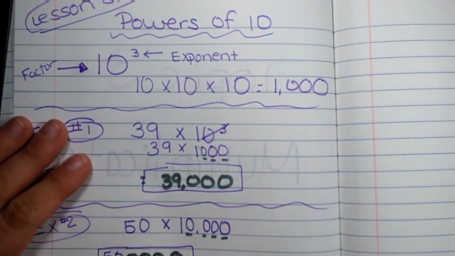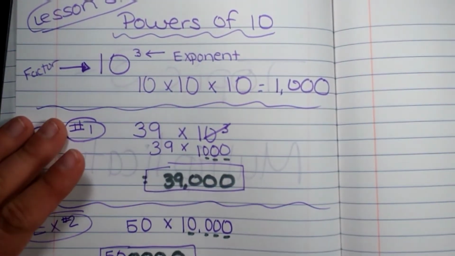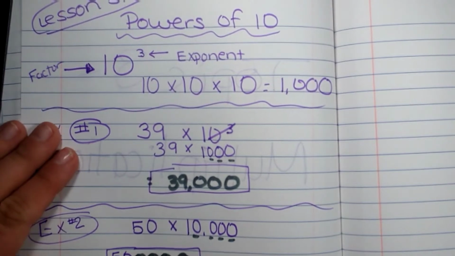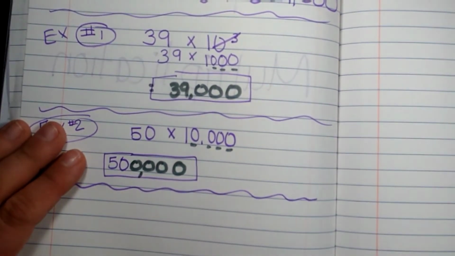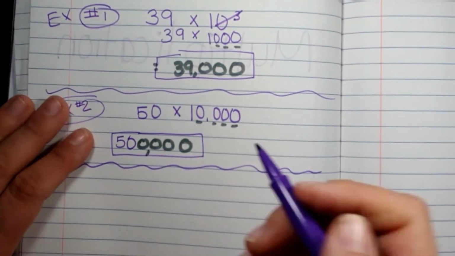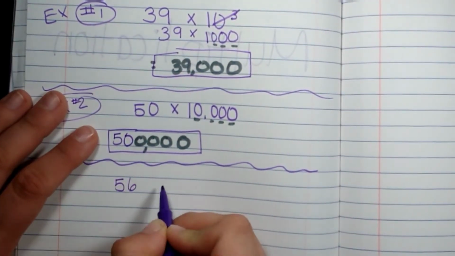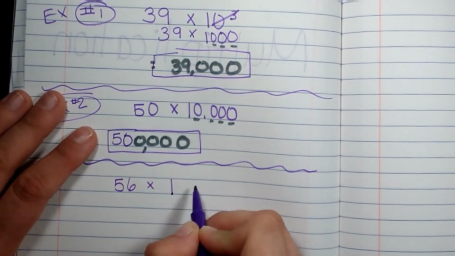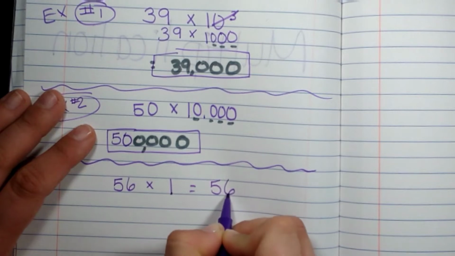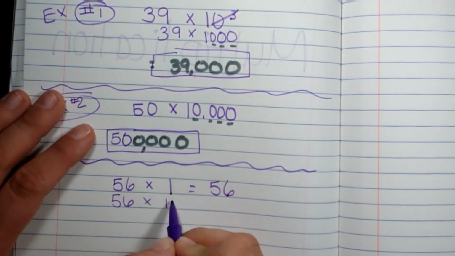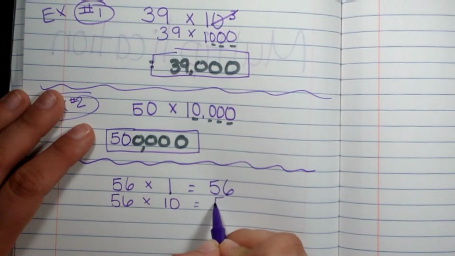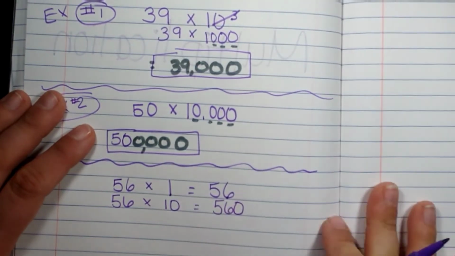Here are some patterns. We're going to talk about patterns as well in this lesson. If I was to multiply 56 by 1, I would get 56. If I was to multiply 56 by 10, I'm going to add a 0 on and get 560.